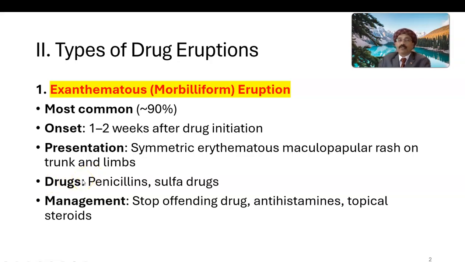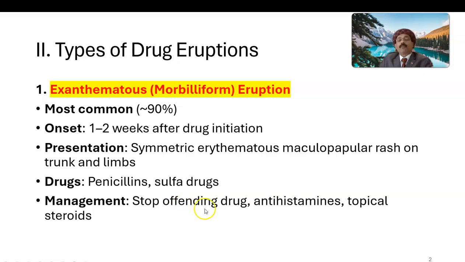Drugs that cause morbilliform eruptions include all the penicillins and sulfur drugs. Sulfur drugs means cotrimoxazole, or sulfur type of antibiotics.